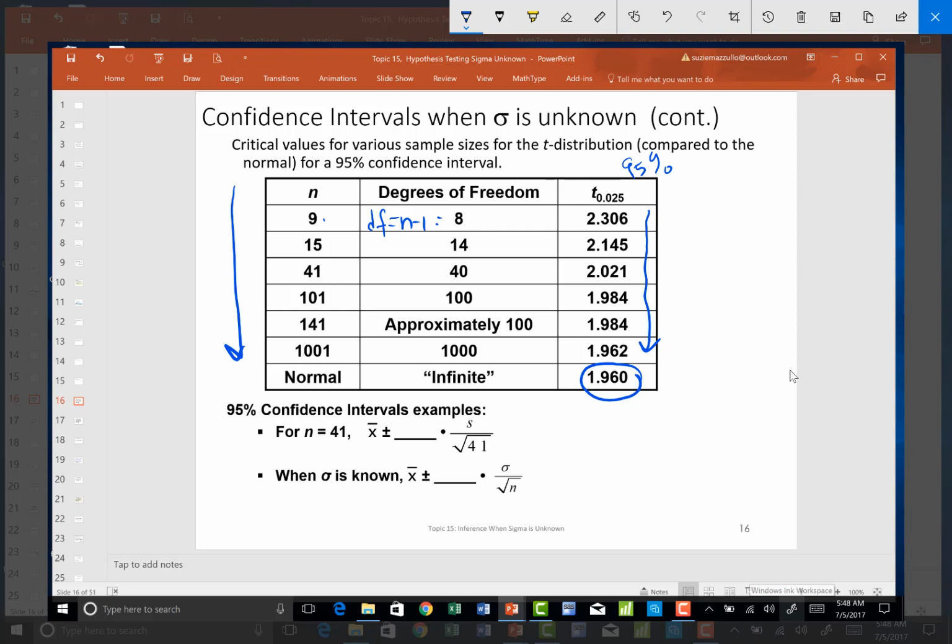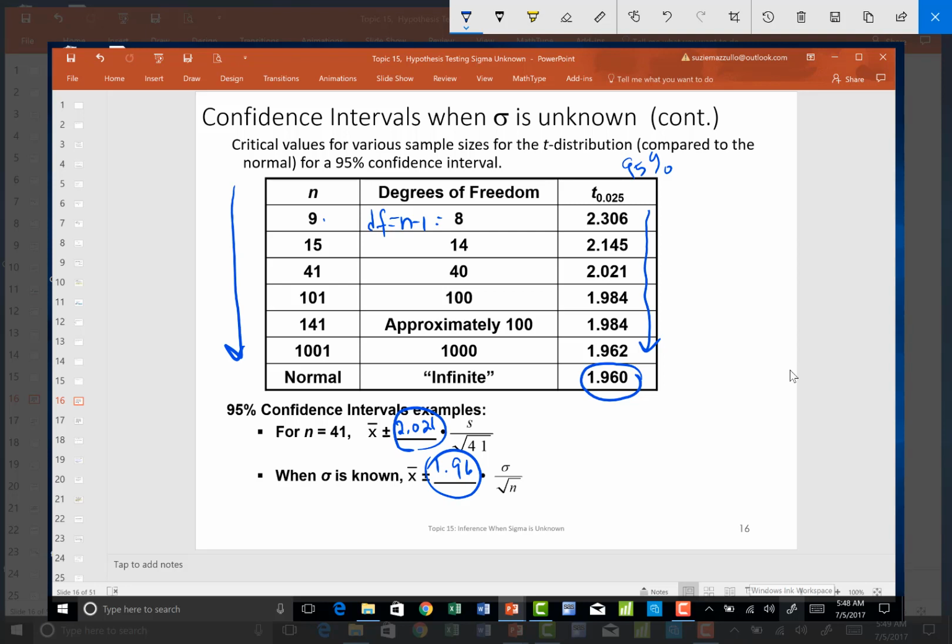For 95% confidence intervals, we're going to look for a sample size of 41 and look at the difference. As you can see, for a sample size of 41, this is 2.021. But in a normal distribution, it's 1.96. So we can see clearly that for student t distributions, the confidence intervals are a little bit greater than for the standard normal.